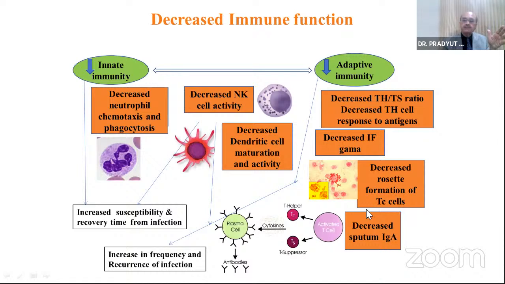There is decreased production of immunoglobulin A, which is responsible for producing more antibodies from the plasma cells. So all these reductions in both the innate and the adaptive immunity make these COPD patients more susceptible to developing recurrent respiratory infections. The recovery time from each infection is delayed, resulting in frequent hospitalization.